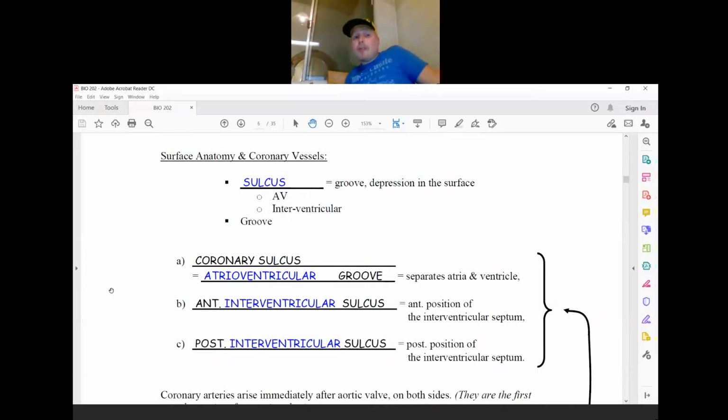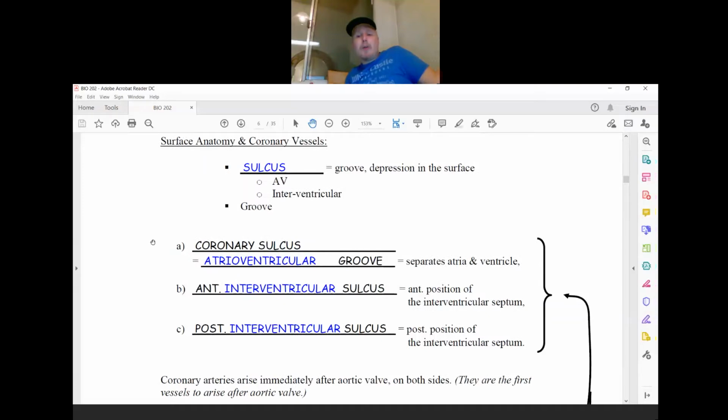If we look at the surface anatomy of the heart, it is important to know about surface anatomy so we can learn where the coronary vessels are flowing. The word sulcus is probably familiar from your study of the brain and the brain's surface anatomy. We can find sulcuses between atria and ventricles, and also between two ventricles, so left and right side. We also find grooves.